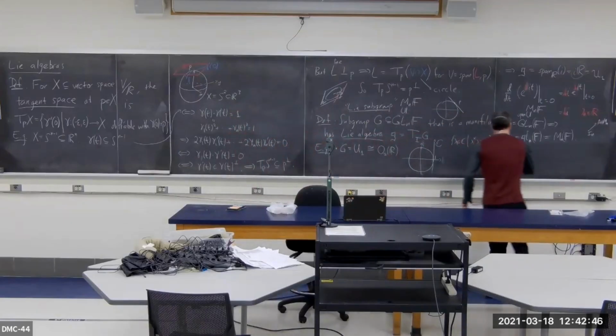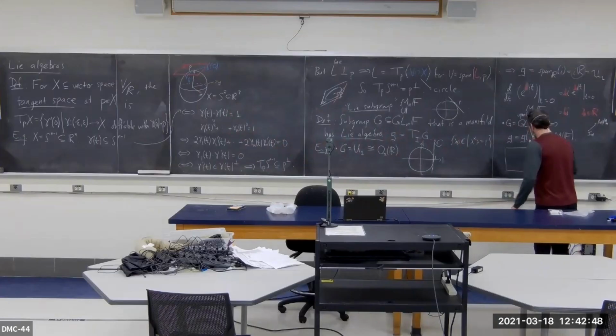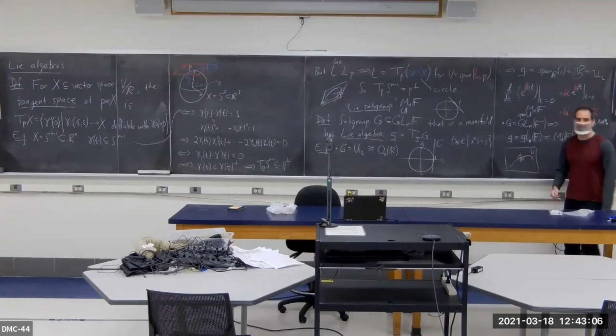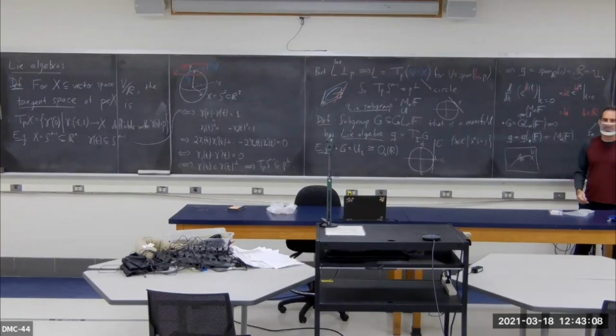If this is your vector space V, and that's your manifold X, then this point is not interior to X. If you know that this point is interior to X, that means you've got an open ball of V that's still contained in X. And then yes, the tangent space at that point is all of V. Yeah, that makes sense.